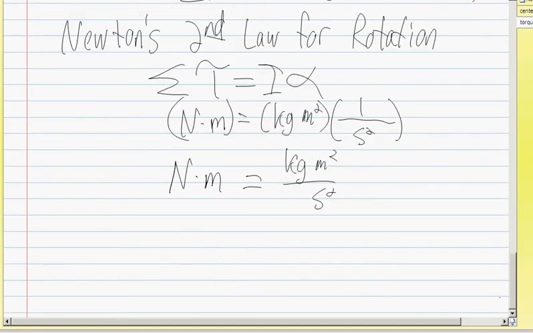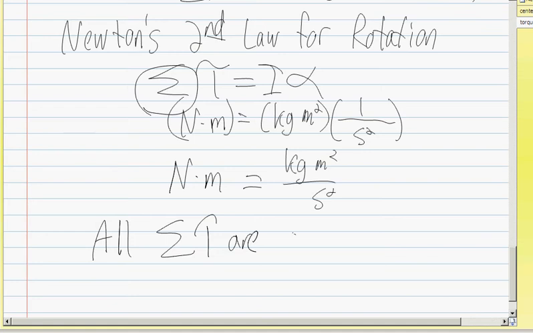And this actually is a pretty good deal. It lets us solve a lot of different things. Remember, it's the sum of the torques, and they all have to be about the same pivot point. That's important. All added torques are about the same pivot point.